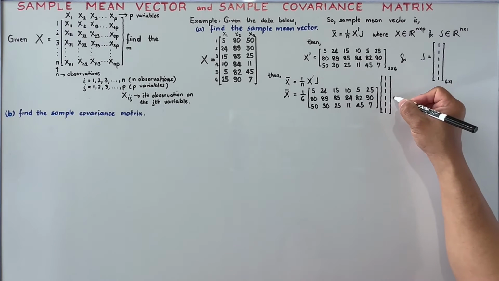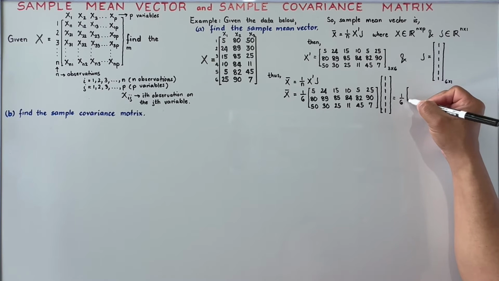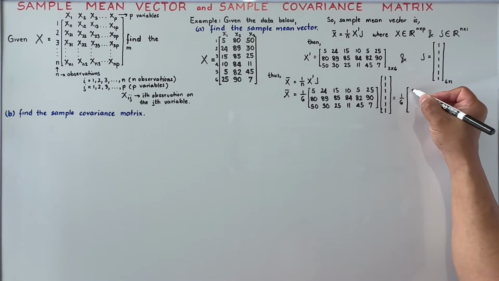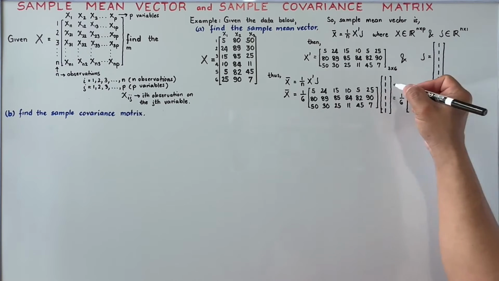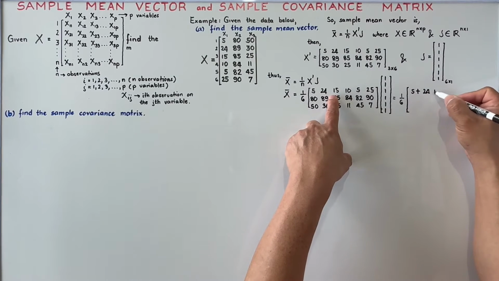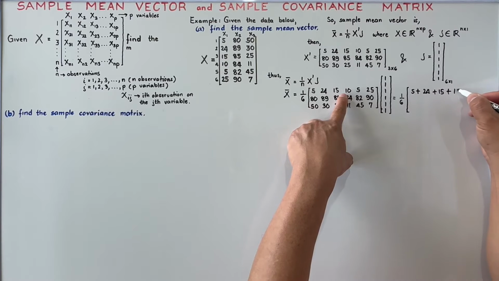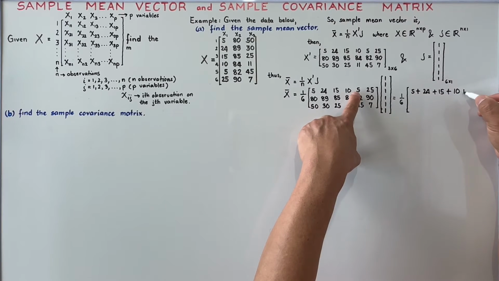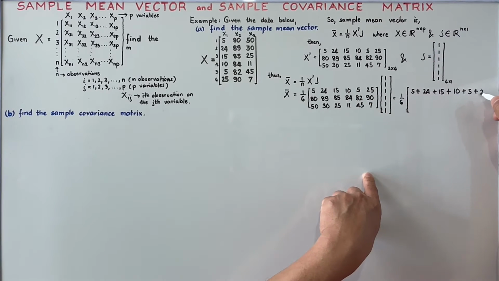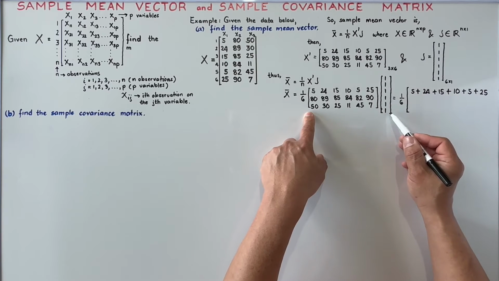And this is equal to the product of these two matrices: 5 times 1, which is 5, added to 24 times 1, which is 24, 15 times 1, so that is 15, added to 10 times 1, so we have 10, and then 5 times 1, we have 5, and then 25 times 1, which is 25. Also, we multiply the second row with this column here.